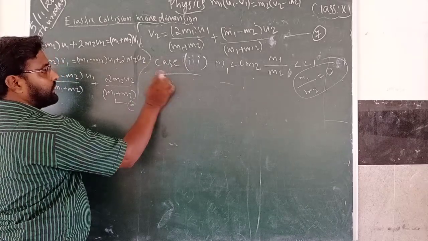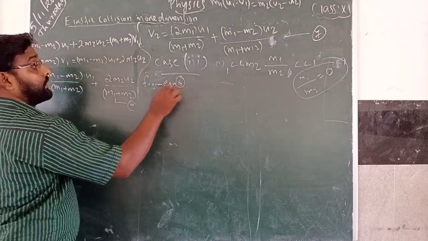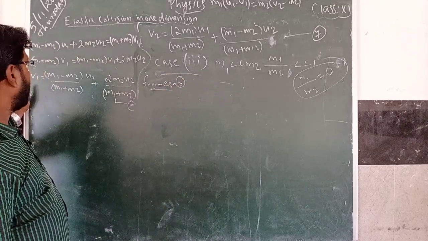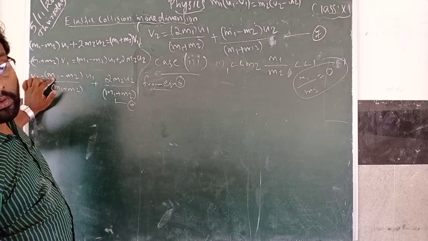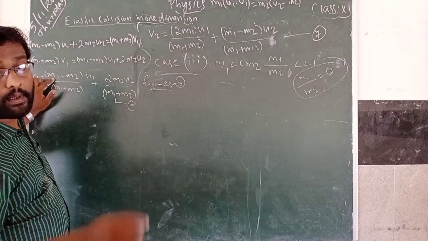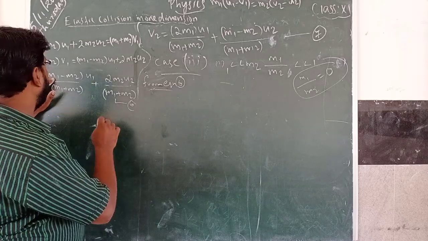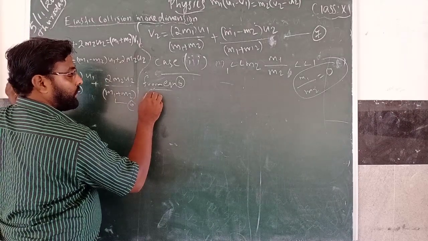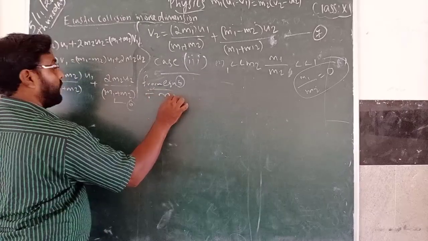From equation 6, what I have to do means, divide by M2. First you have to divide the numerator and denominator by M2. So you have to divide both the denominator and numerator by M2.